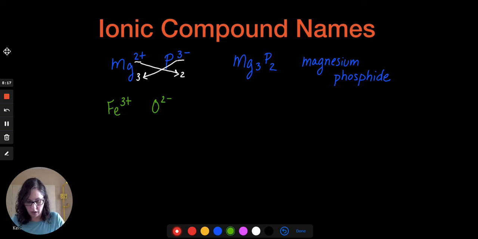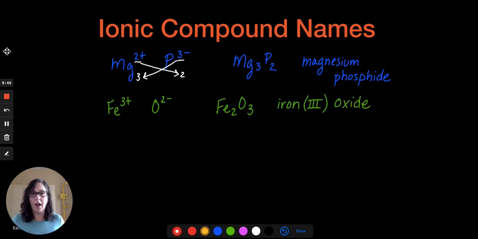Again, use our crisscross method, and we get Fe2O3. Now, with this iron, the iron is the 3+ charge. It could be a 3+ or a 2+ charge. Okay, and so in this case, this would be iron 3 oxide.